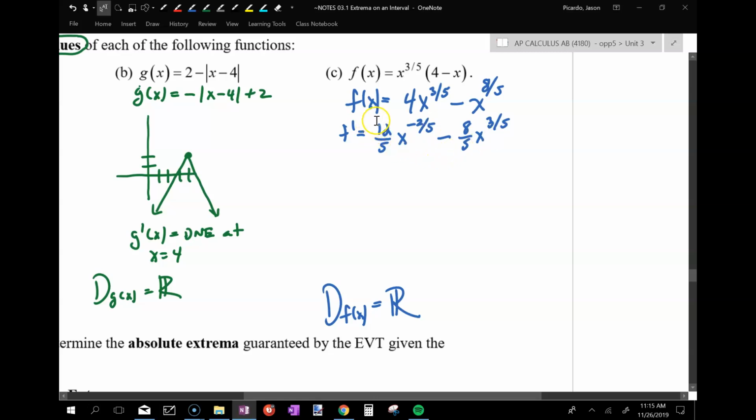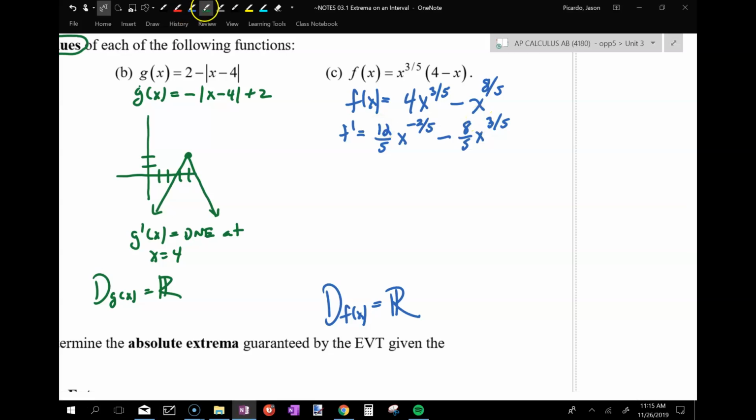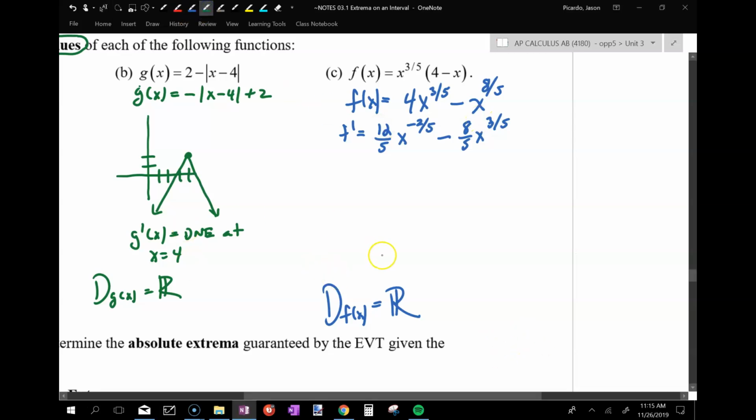Remember a few lessons, maybe weeks ago, we talked about factoring out a least power, right? That would be a method that we could use on this one. If I was to factor out the least power, what's the smaller of the two powers? The negative 2/5. So if I factored that out, what would I have? I'd have 12/5 minus 8/5.